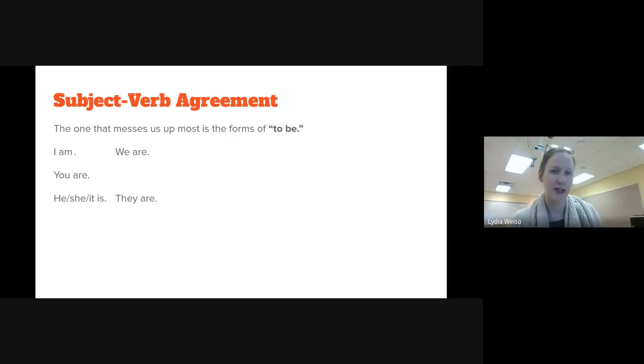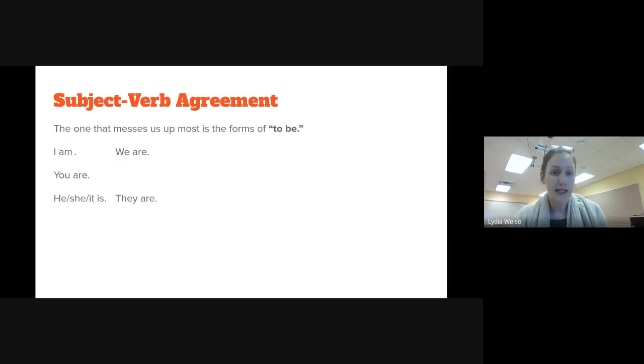That doesn't mean that the Appalachian English version is wrong. All it means is that when you're in a context that uses standard English, like an academic or professional context, you want to make sure that you're using the version of the verb that standard English uses.